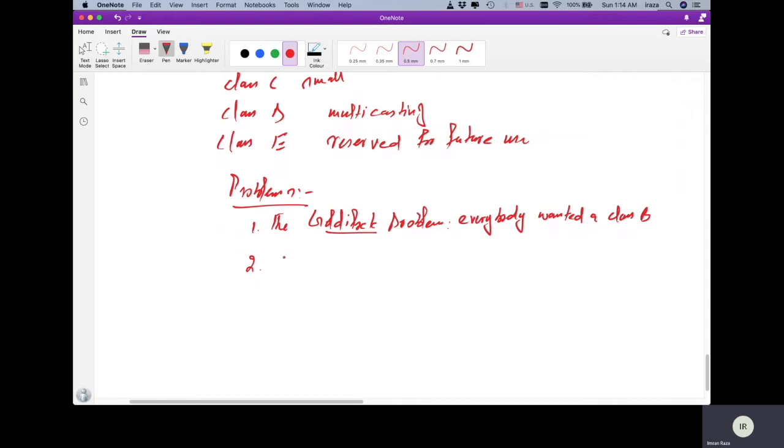So the address space usage became inefficient, and it's also possible that the address space becomes scarce.